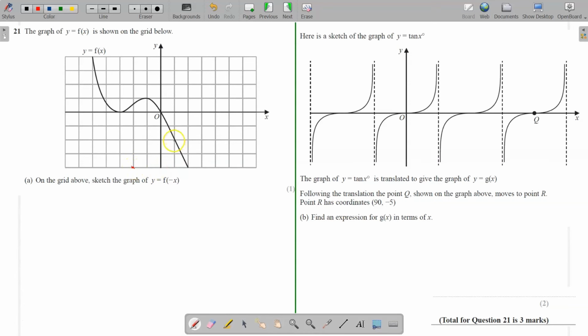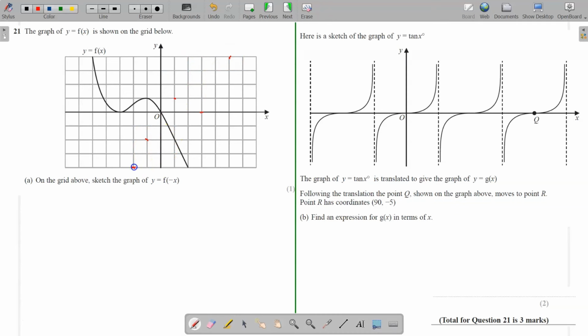This point at 1, negative 2 will go to negative 1, negative 2, which is there. This point here at negative 1, 1 would be at 1, 1 here. This low point here would go to here, and finally the graph would finish, leaving the grid at about that point there. So we just need to do a smooth line as best we can that joins those points together.